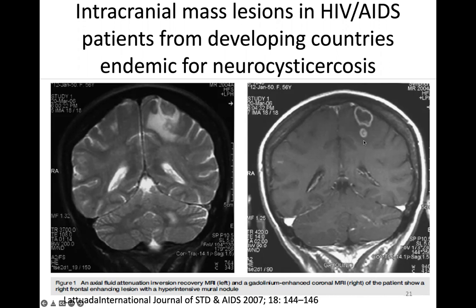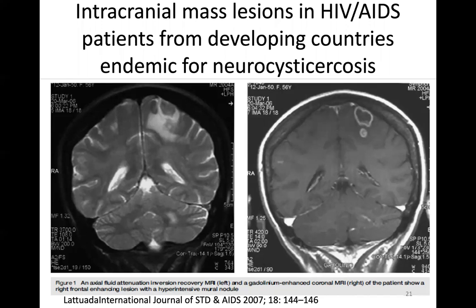And again, looking at these images, if I have to challenge you, can you definitely, by looking at this imaging, say this is neurocysticercosis? Or can this be TB abscesses? You cannot. Is there a clear differentiation between neurocysticercosis and toxoplasmosis on imaging?